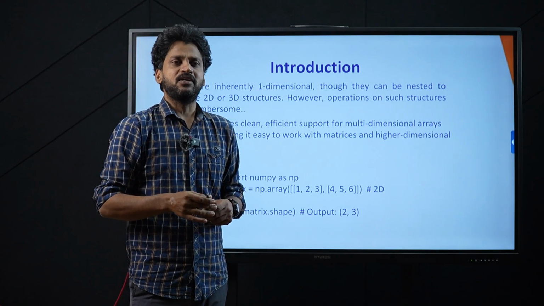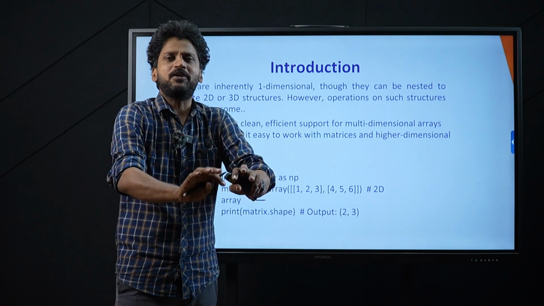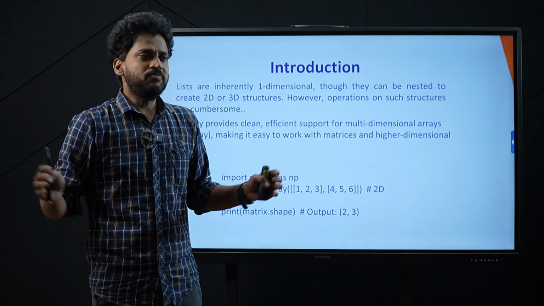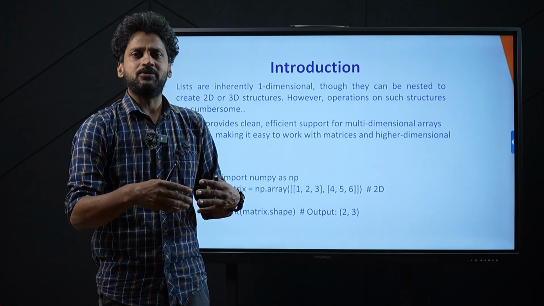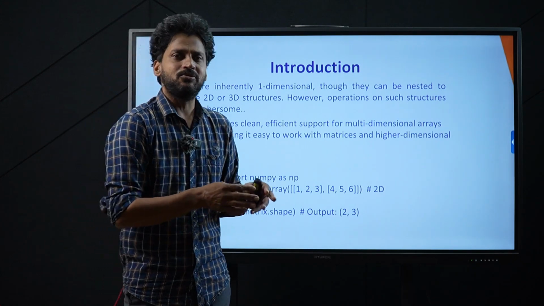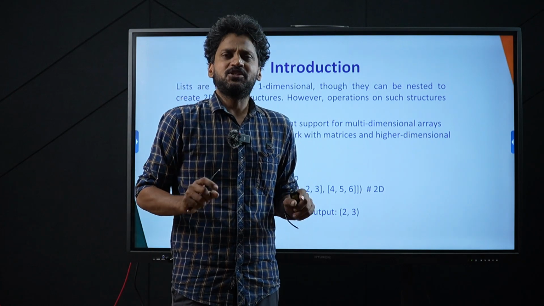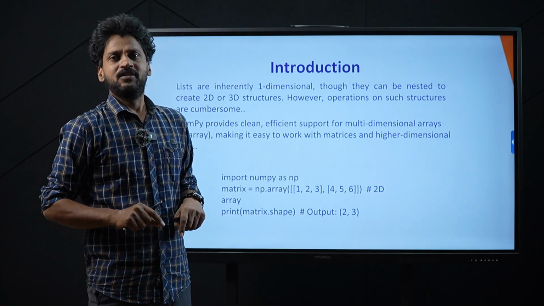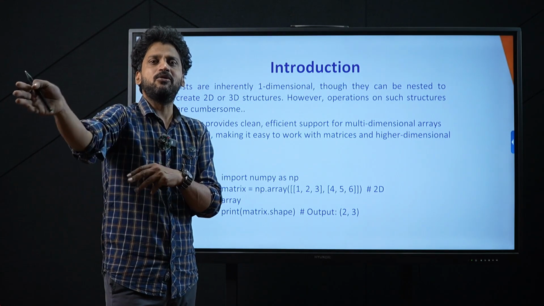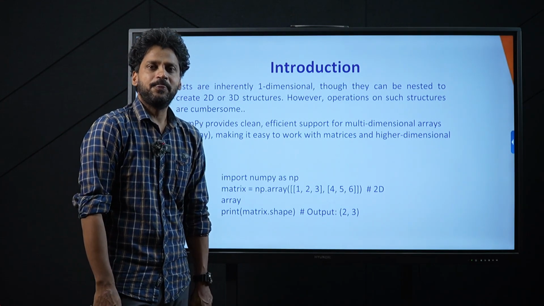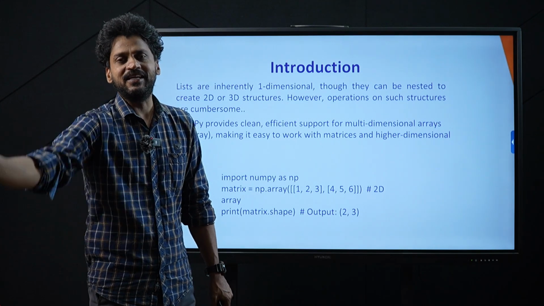But the problem is, we need to perform huge operations on this. We should be able to concatenate them. We should be able to collect them. There are a lot of complex operations actually required to convert this list into 1D or 2D arrays. This process is quite cumbersome. We would need to write additional functions to convert the list into a 2D or 3D array.